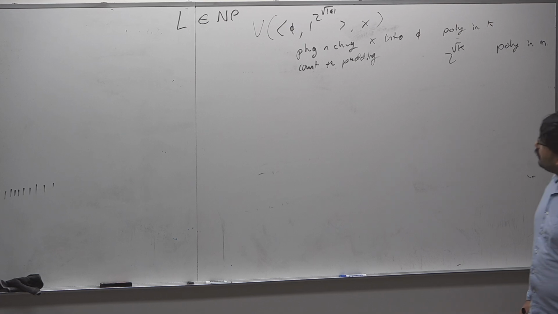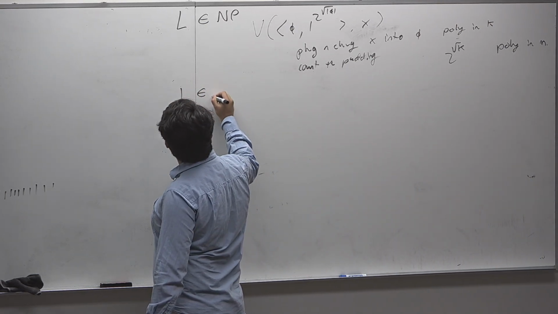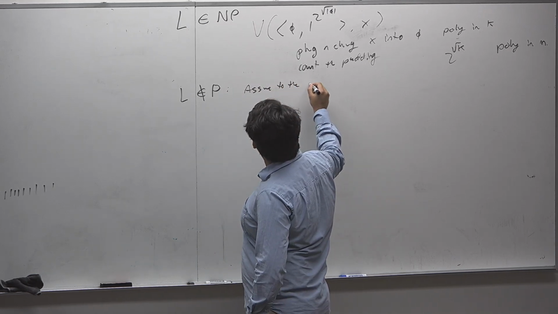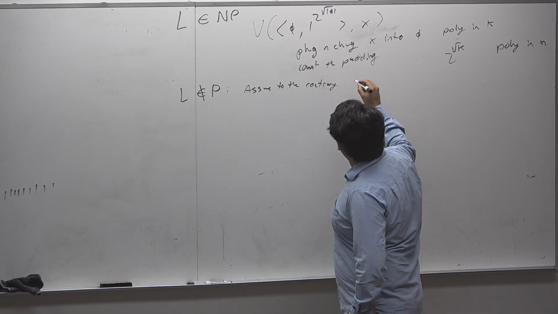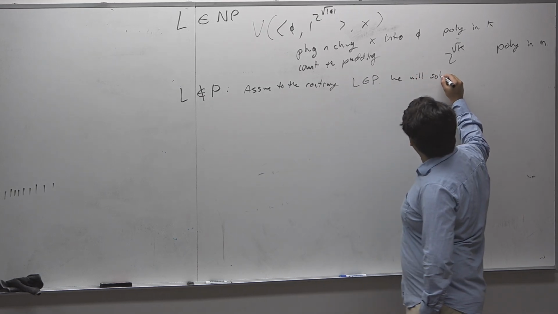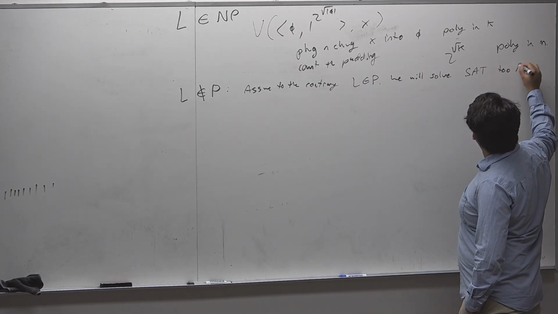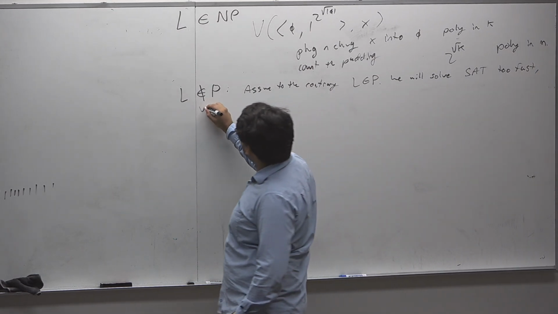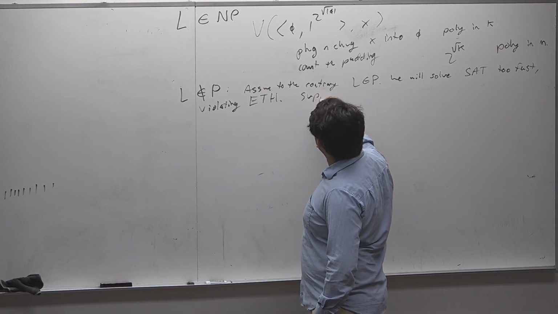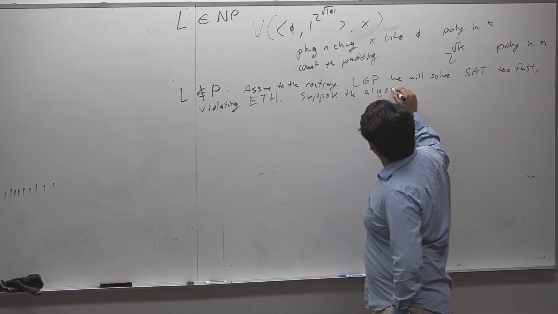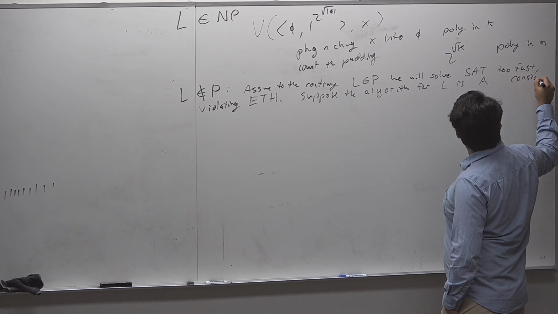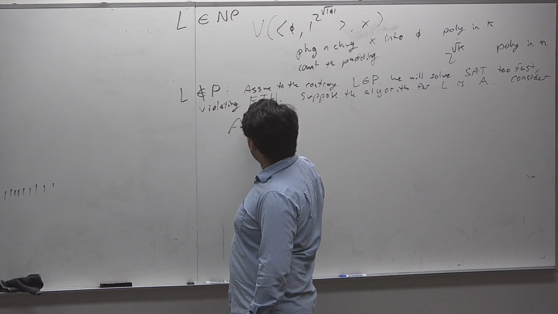Okay? Now, next let's prove that L is not in P. Assume to the contrary that L is in P. We will solve SAT too fast, violating F. Suppose the algorithm for L is A. Consider this A prime on input phi.